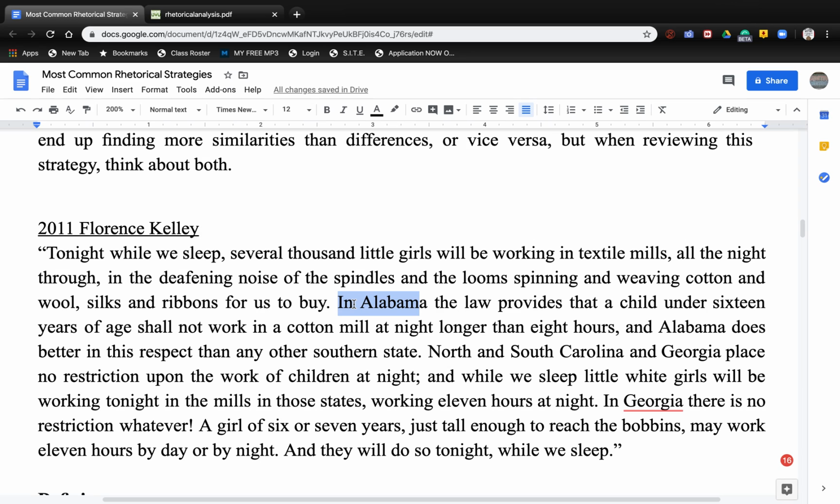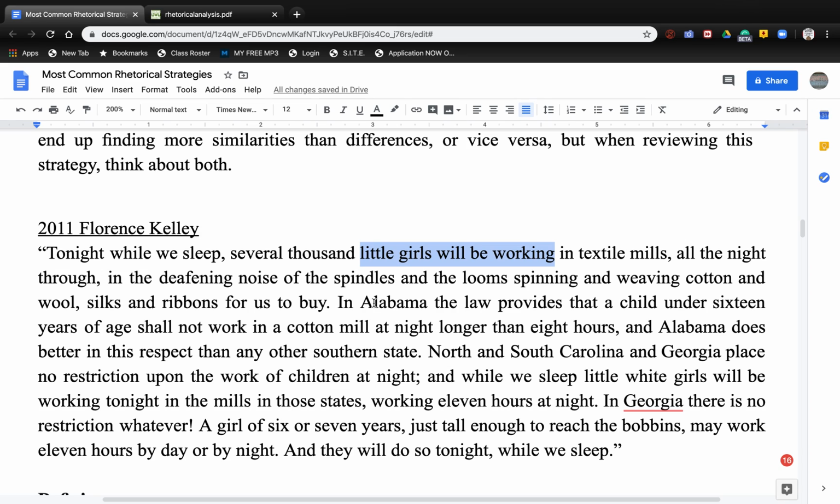So what we're looking at here is a comparison and contrast that is primarily targeting the audience through pathos by repeating the phrase that our negligence, right, is allowing child labor. And then she is repeating the idea over and over again.